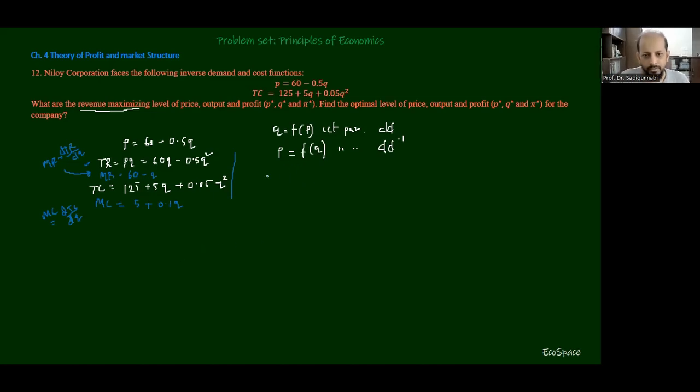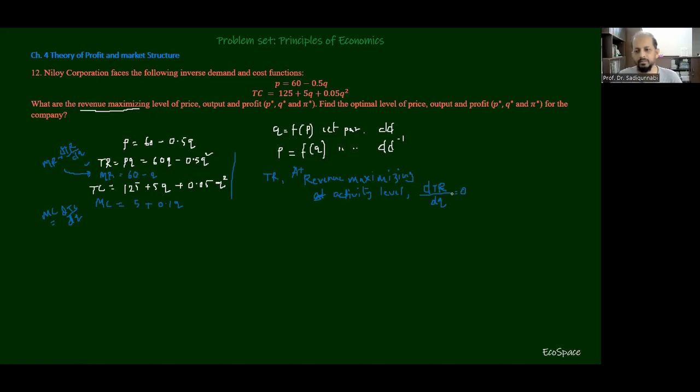So we know that at revenue maximizing activity level, the first derivative of this TR should be equal to 0.